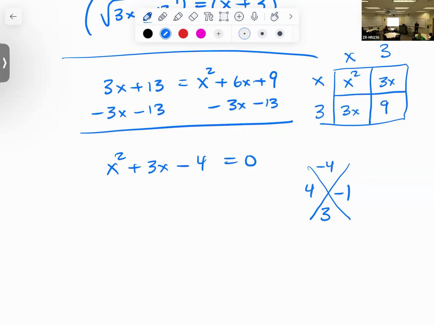Yes, that's in my head, but I can't get it out of my mouth. +4 and -1, they multiply to -4 and sum to +3. This happens to be the simplified version of the diamond, because the term in front of x squared is 1. So yes, I can go straight to the factors.